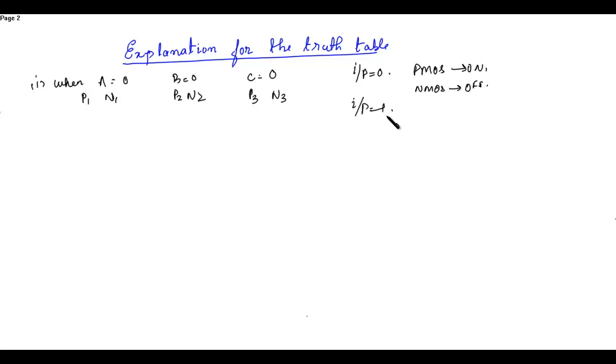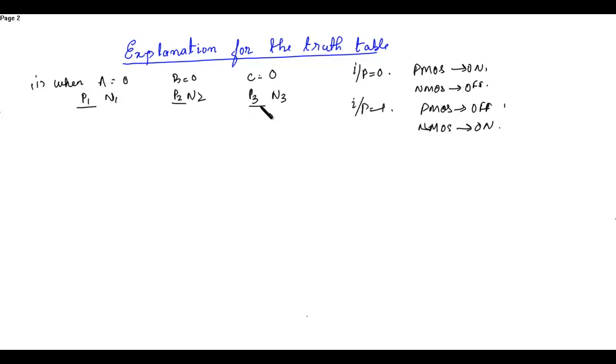When input is equal to 1, then PMOS becomes off and NMOS turns on. So when all the inputs are 0, only the PMOS will turn on.